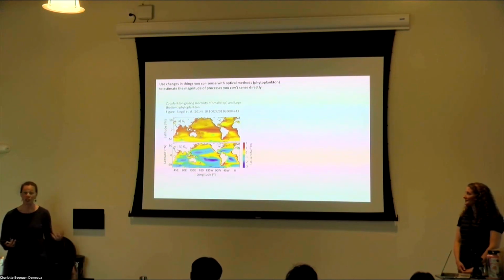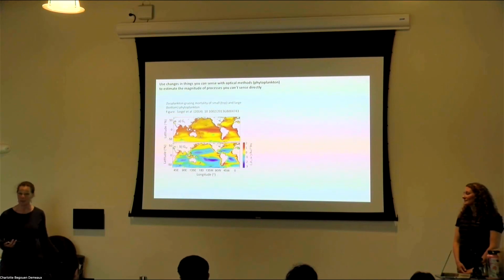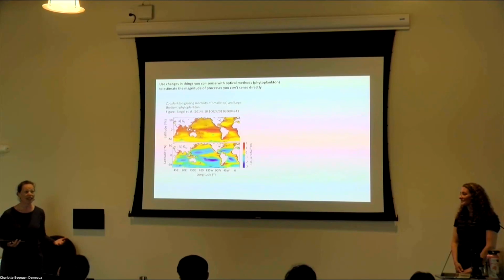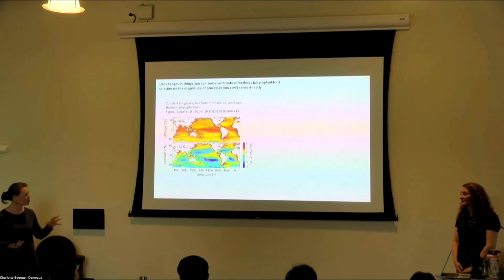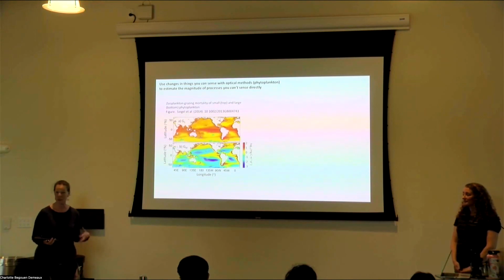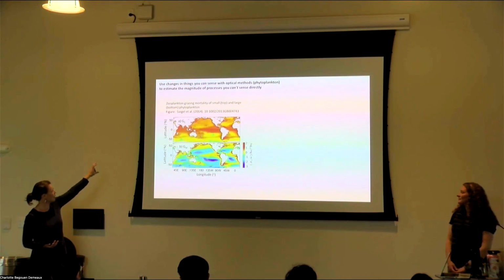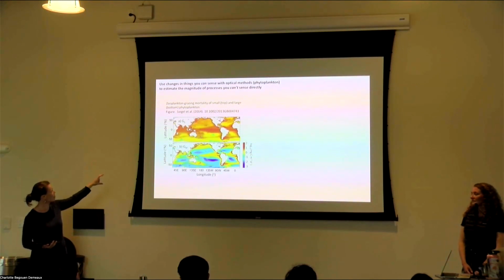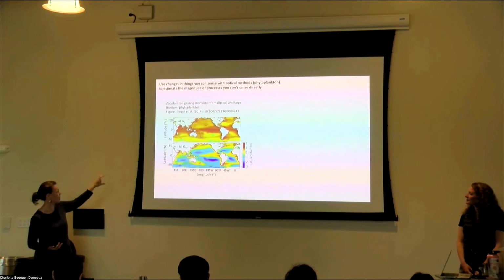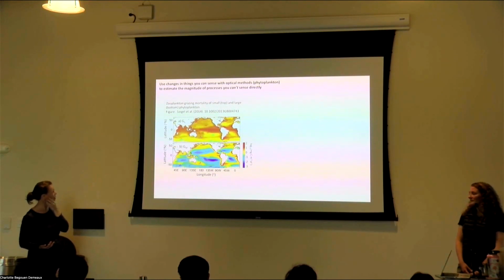The food web included things like zooplankton, grazing, and mortality on diet, all these things that you can't see directly from space, but that will be responding to the phytoplankton. These two plots are showing modeled rates of grazing mortality on small and large phytoplankton, nanoplankton and microplankton.